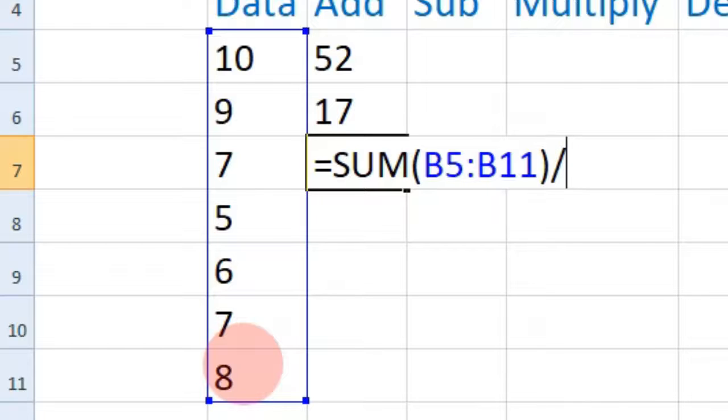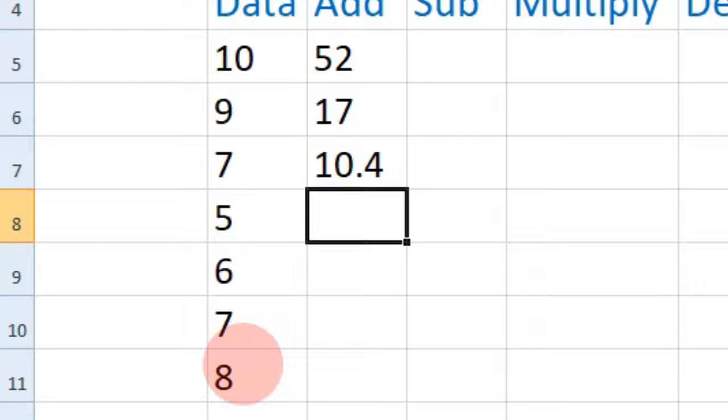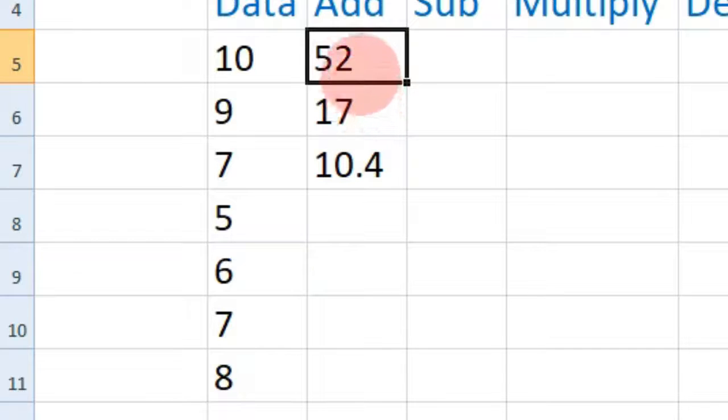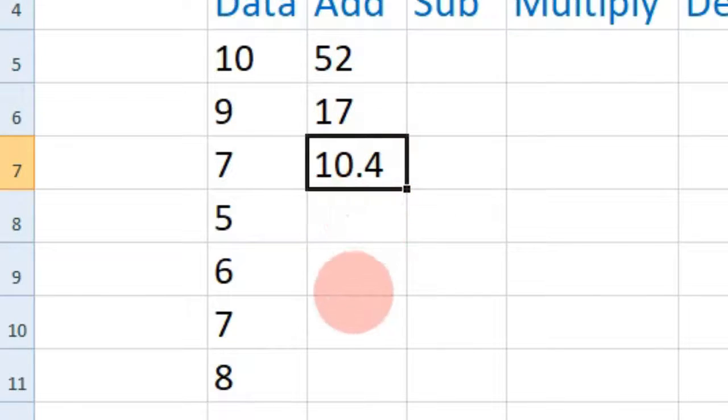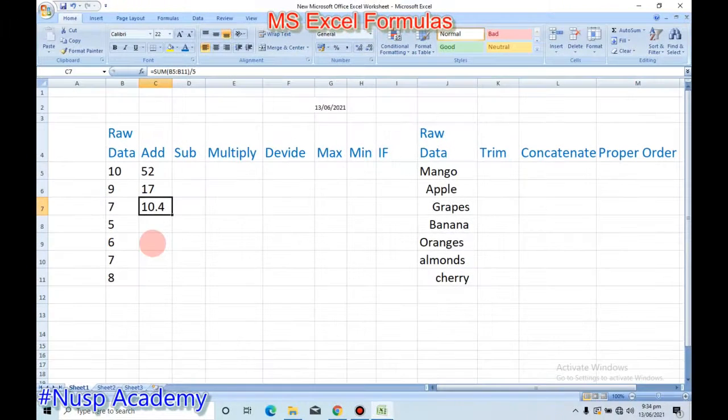Now we can divide it by any number like 2 or 5 or whatever. 5, enter. The answer is 10.4. 52 actually is divided by 5. So the answer is 10.4.